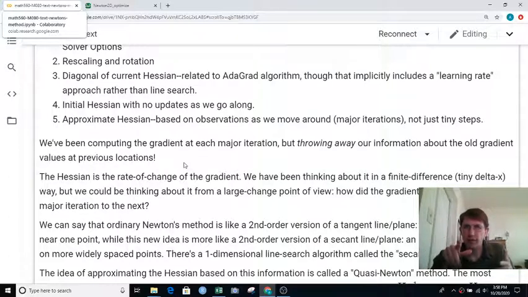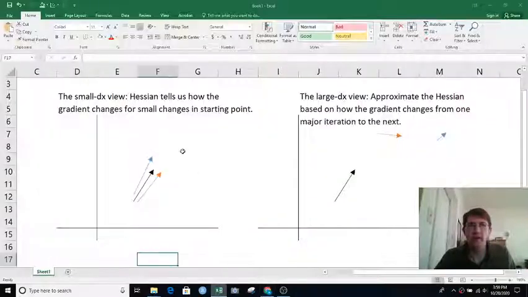So another way to think of it is, the Hessian is the rate of change of the gradient, and we've been thinking about the rate of change by taking a tiny step in one direction and a tiny step in the other direction, like we usually do to compute derivatives. But we could be thinking about it as, how did the gradient change when I started here, did a full major iteration, and ended up over here? So let's take a look at that.